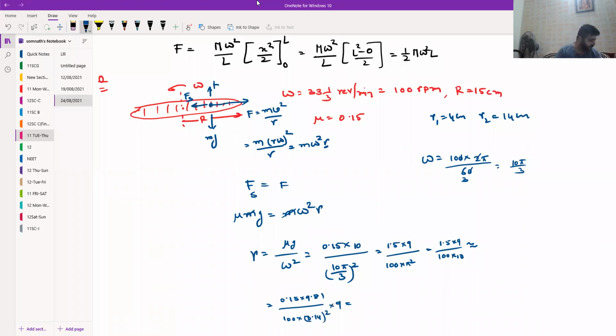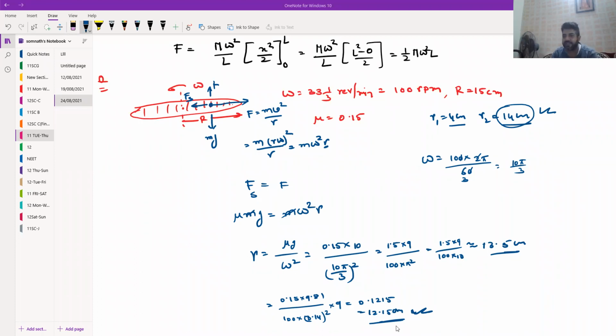When you solve this with a calculator, I get the value 0.1215, that is 12.15 centimeter. Can anyone tell me what the answer is? So we get the value 12.15 centimeter.